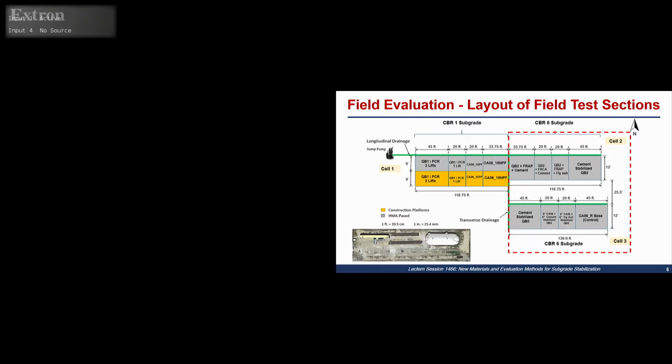So this is an overview of my test study. It was an accelerated pavement test study, so it was a field performance evaluation for applications of quarry byproduct. We had in total 16 different applications of quarry byproduct studied. We divided them into 4 cells, and each cell marks one location of the accelerated pavement testing device, Atlas, that would be used to test those materials.